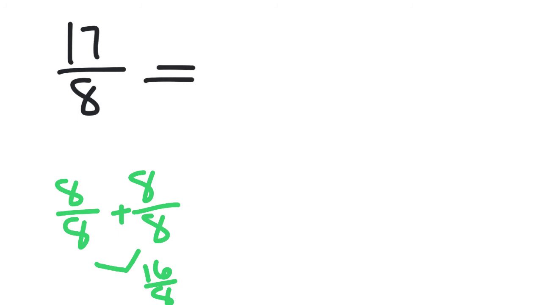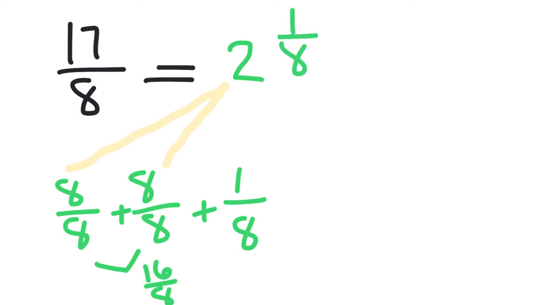But I need to get to 17 eighths. So I need 1 more eighth. So what I realized is that 8 can fit into 17 2 times. See, I had my 8 eighths for 1 whole, and then my 8 eighths again for a second whole. And then I also had 1/8 left over. So 17 eighths is the same as 2 wholes and 1/8.